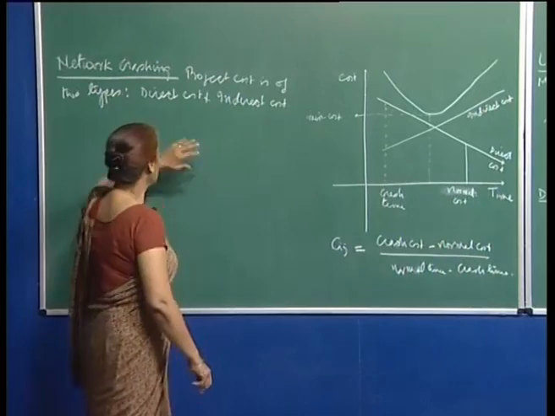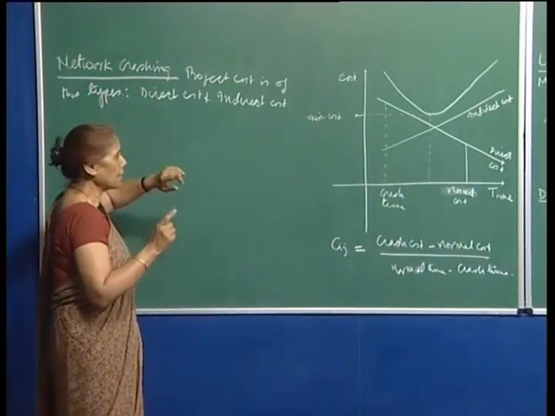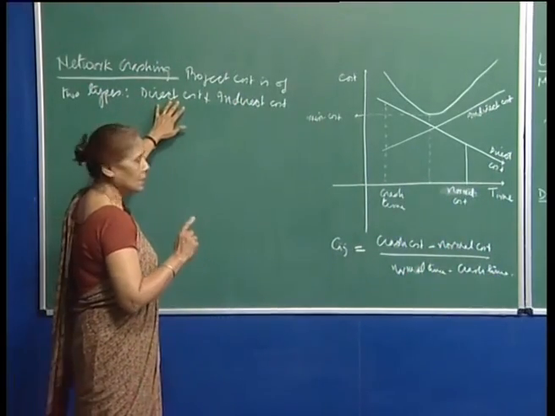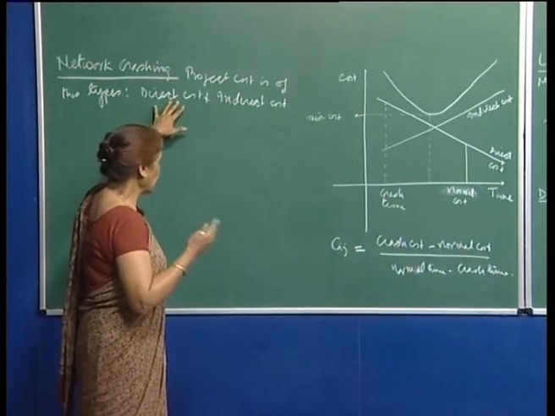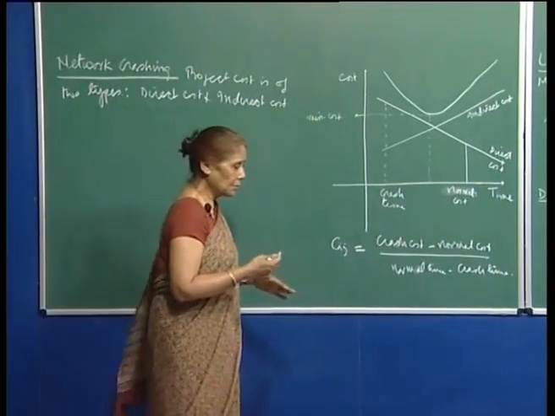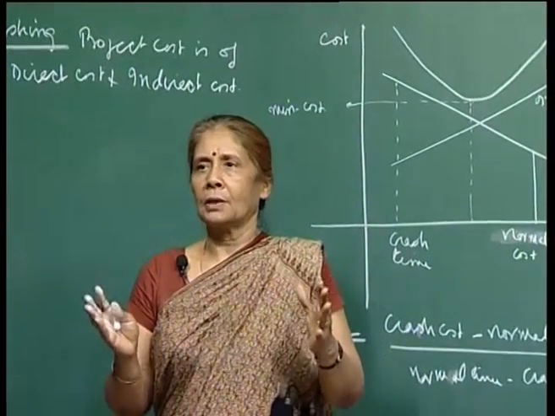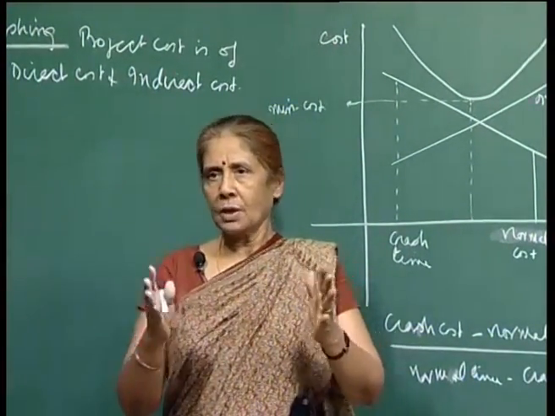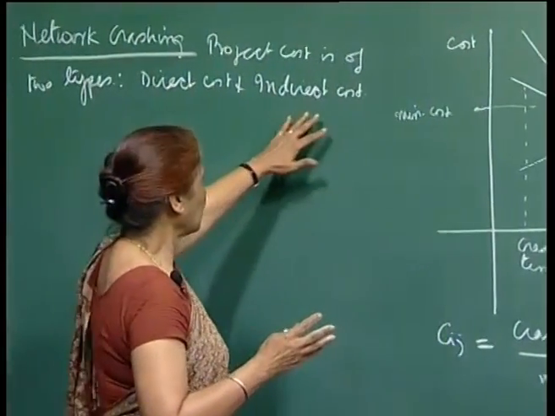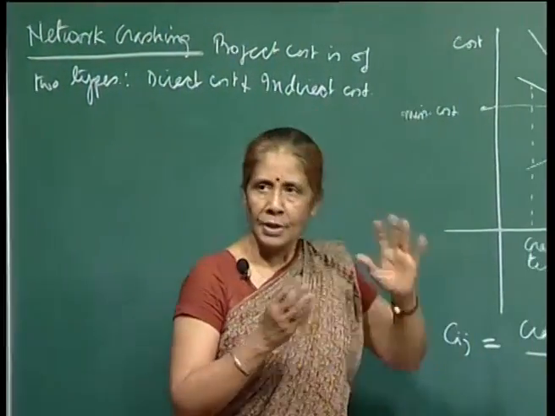The subcontracts will certainly, because if you subcontract certain jobs, then they will come under the direct cost for a particular activity, but the indirect cost will be basically the cost related to the whole project, which you then divide, because the indirect cost will be related with the duration of the project.